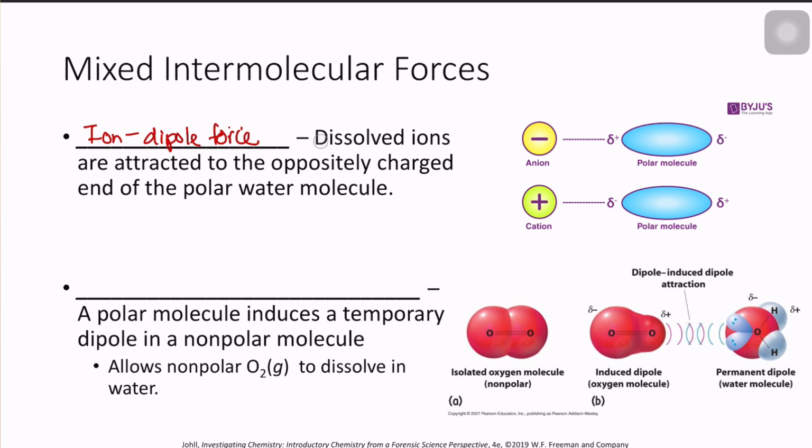And the ion dipole force is going to happen very similarly to the dipole-dipole force, where the anion, the negative ion, is going to line up next to the partially positive side of the molecule, and the cation is going to line up next to the partially negative side of the molecule. If this molecule happens to be water, you're dissolving your ionic compound in water, then the anion will line up next to the hydrogen and the cation will line up next to the oxygen.